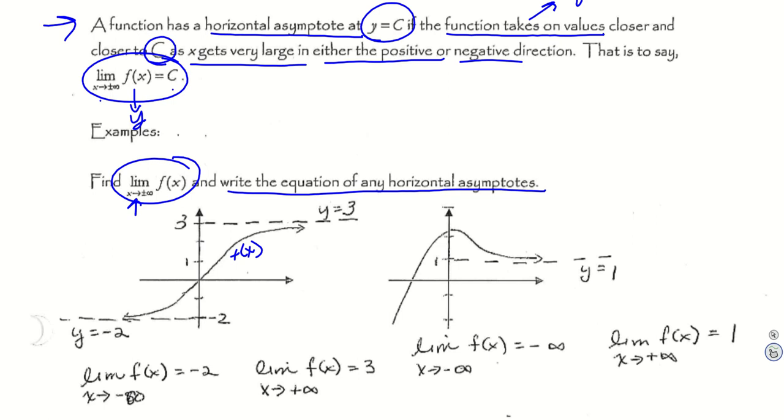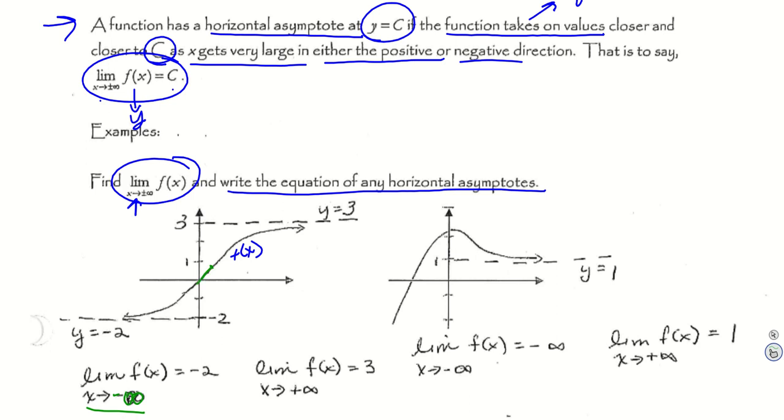If I'm going to find the limit as x goes to negative infinity, then I'm going to start at any point on my graph. It really doesn't matter where. And I'm going to follow that graph in the direction that x's go to approach negative infinity. That means I'm going to go to the left on this graph.